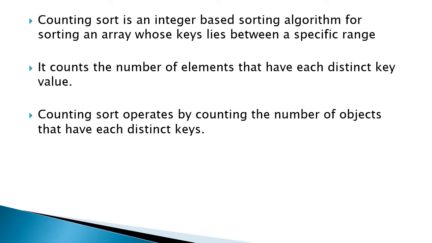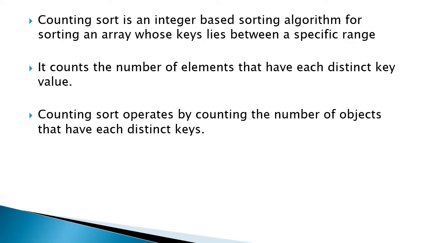As the name suggests, we are going to count distinct key values. Here we are not going to compare the elements with each other for sorting. Then how will we sort the elements? We will sort them according to the key values, only by using the distinct key values.